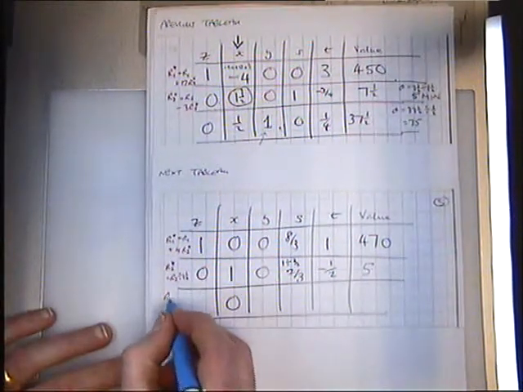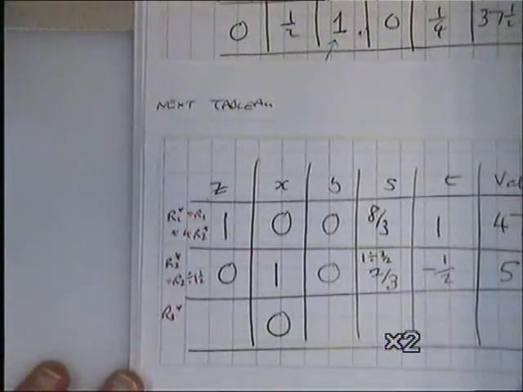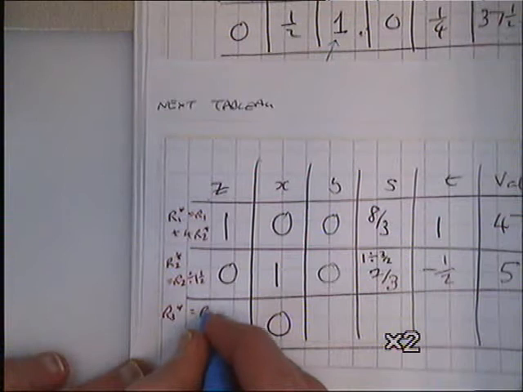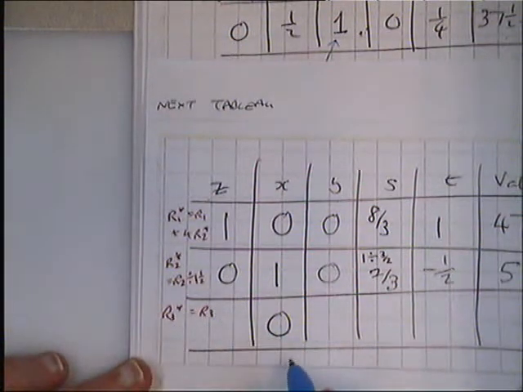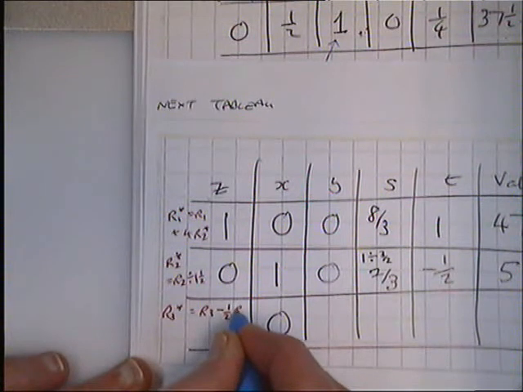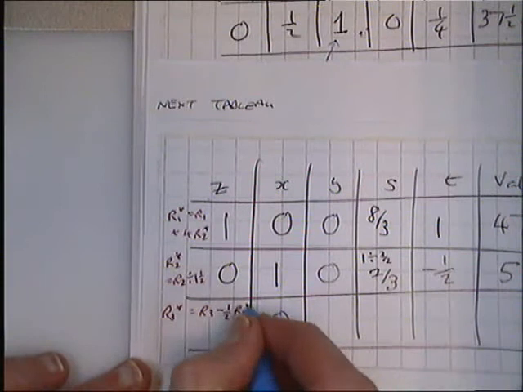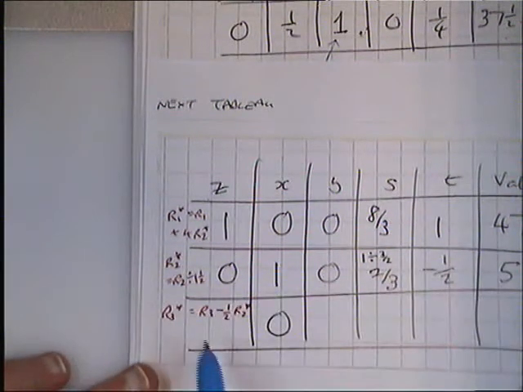So my new row 3 will be equal to my old row 3 take away a 1/2 of my new row 2. It's always multiples of the row that went in first. So my new row 3 is equal to my old row 3 take away 1/2 my new row 2.